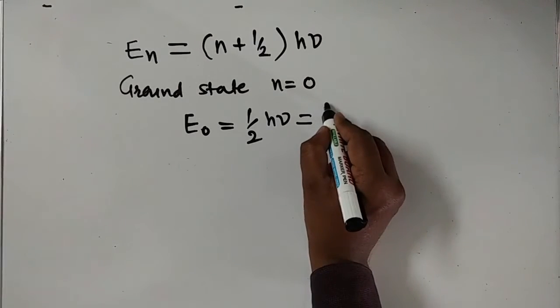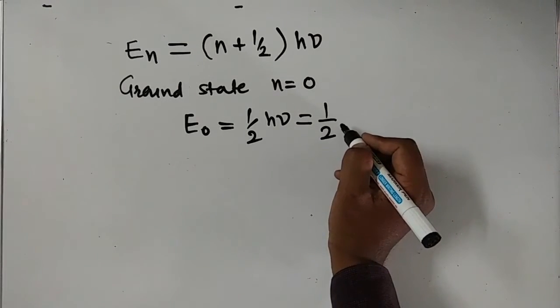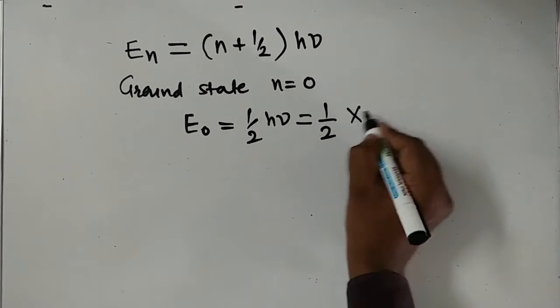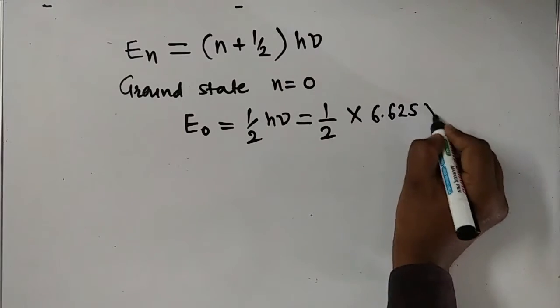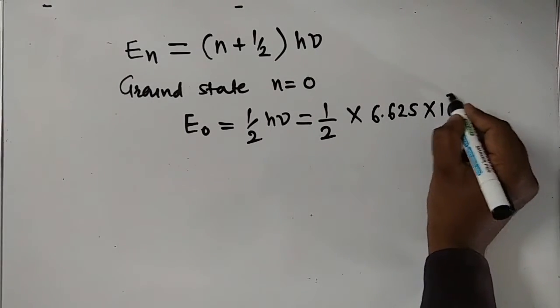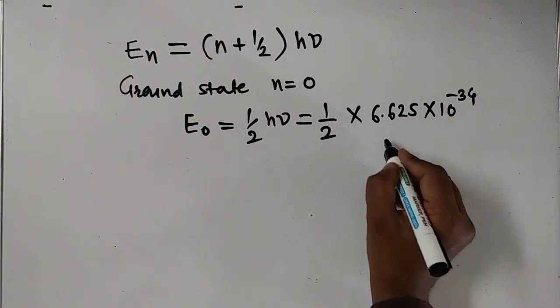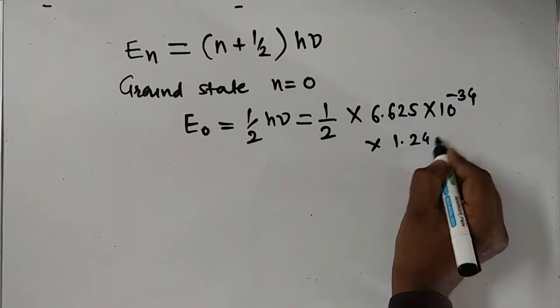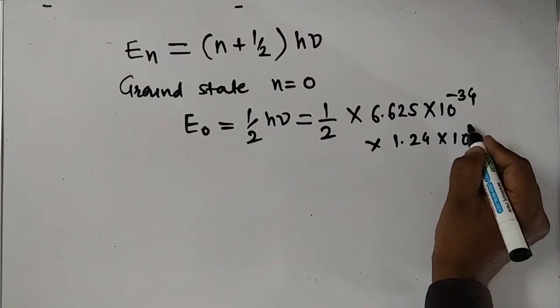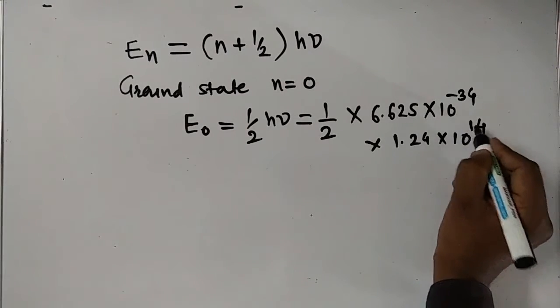So we know the h, so h is Planck's constant, and its value is 6.625 into 10 raised to minus 34, right? Into this nu is given, so it is 1.24 into 10 raised to 14 hertz, right?